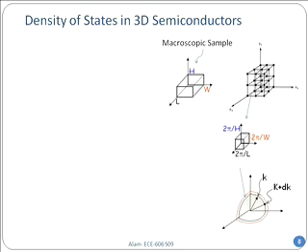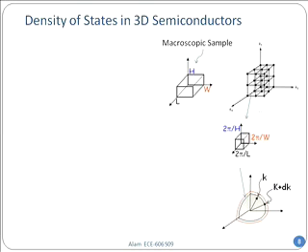It was 2 pi over NA, and remember NA is L, right? The length. And so one side will be 2 pi over L, the other side will be 2 pi over W, and the third side 2 pi over h. And within this little tiny box, there will be one solution sitting in the middle, right?